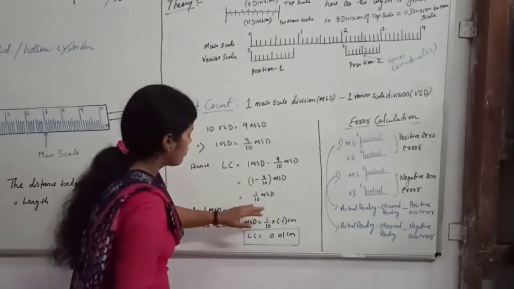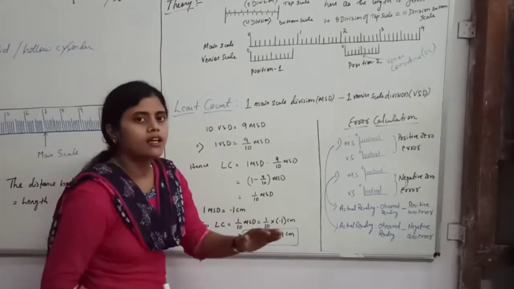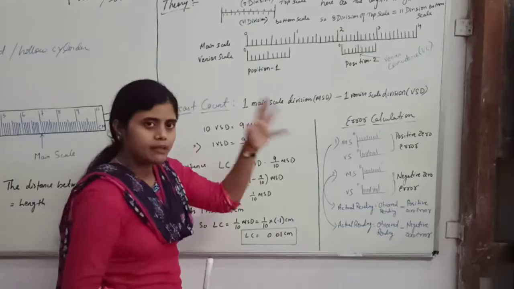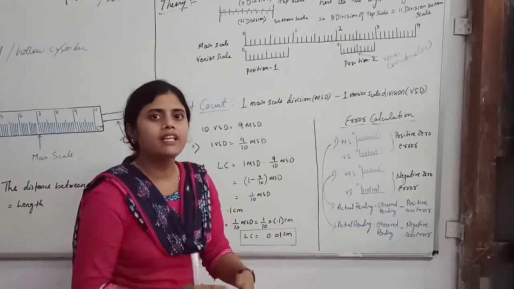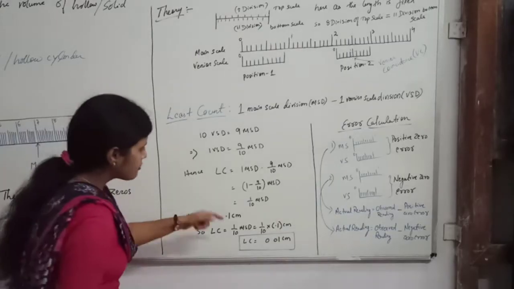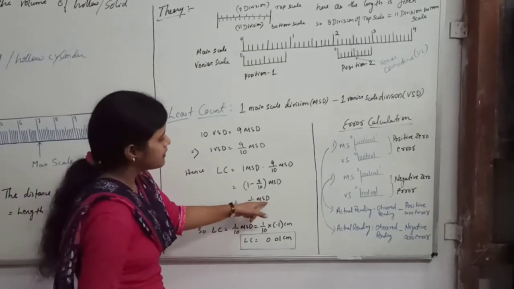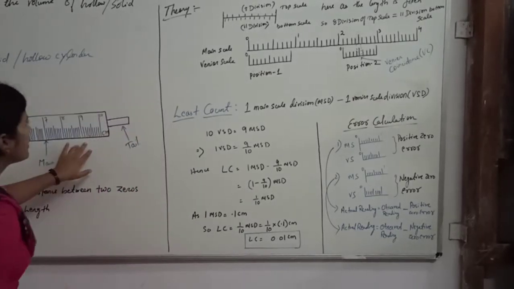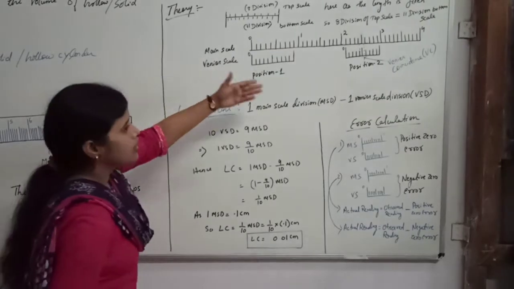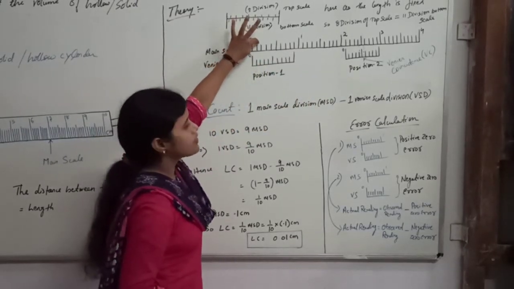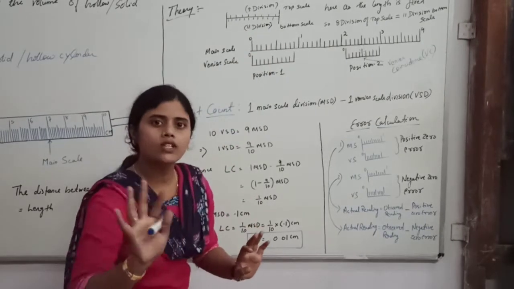Now I want to find the answer in terms of centimeter, because our ultimate answer will be in centimeter, right? Because this is shown in centimeter here. So I will convert this division into centimeter. We know that our main scale is very similar to the normal scale, so one main scale division is equivalent to 0.1 centimeter.